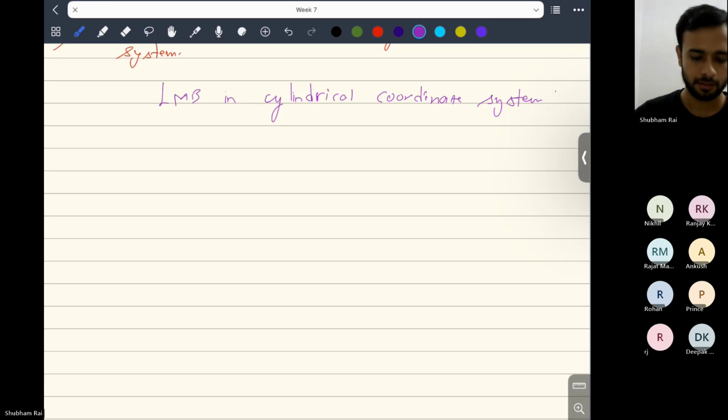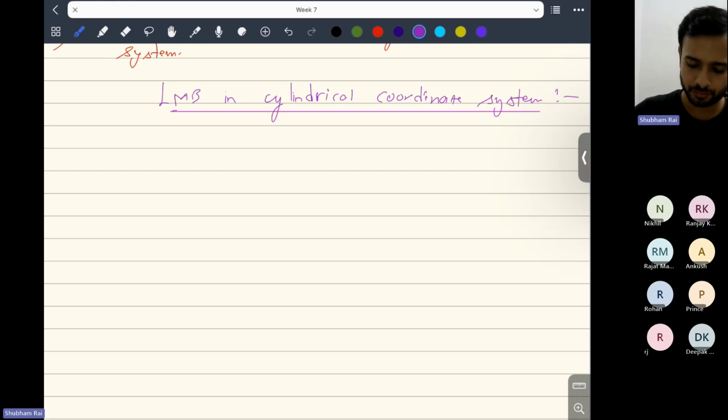You know that you have done linear momentum balance in cylindrical coordinate system. What we need to do is say that external force is equal to rate of change of linear momentum. That is the linear momentum balance equation.